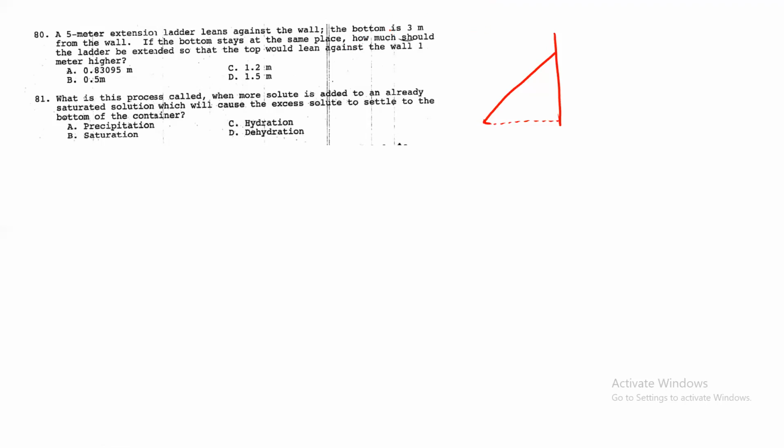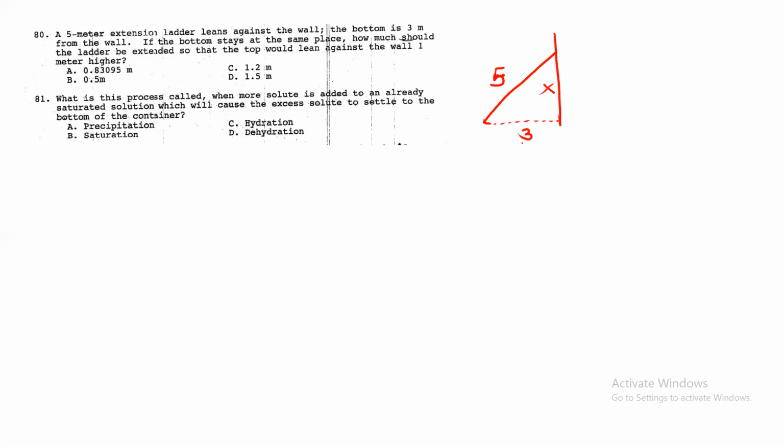So, a 5-meter extension ladder, so 5 meter yan. Then, the bottom is 3 meter from the wall. So, dito, wala tayong given na height ng wall. So, x. So, x yan. Then, sabi niya, how much would the ladder be extended so that the top would lean against the wall 1 meter higher?